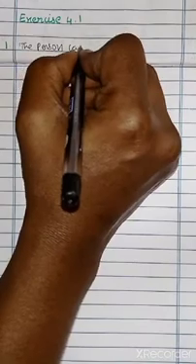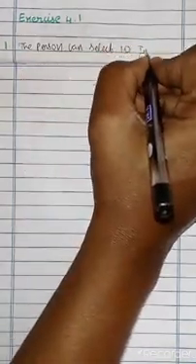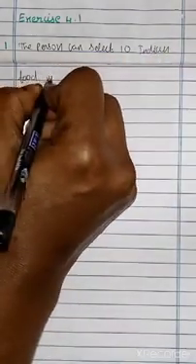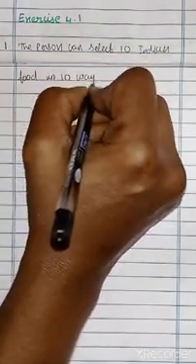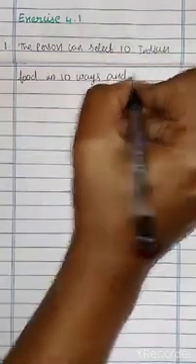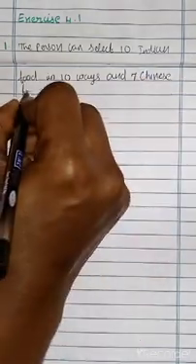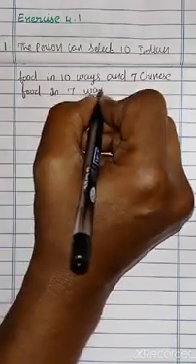Okay, so in the first problem, what is given? The person can select 10 Indian foods in 10 ways, correct? And 7 Chinese foods in 7 ways.